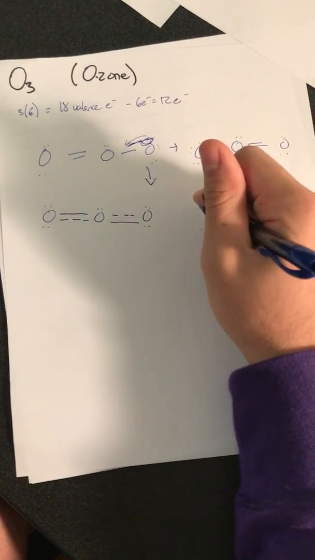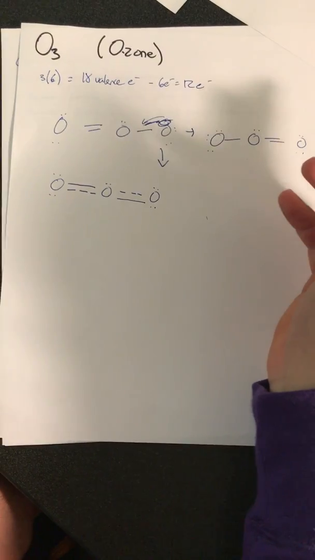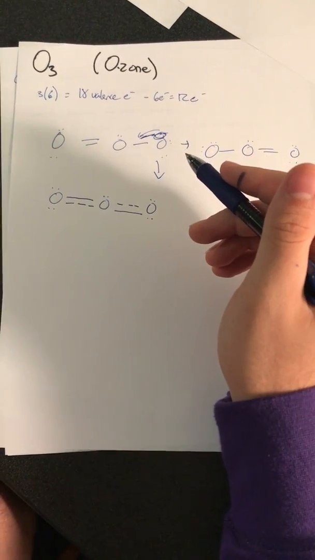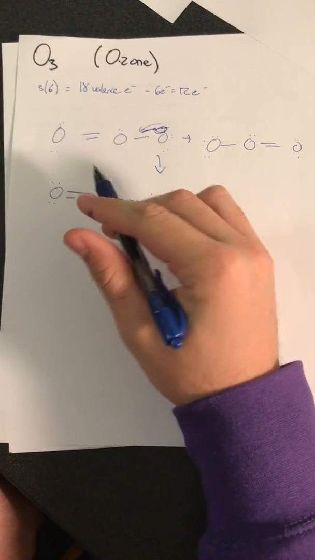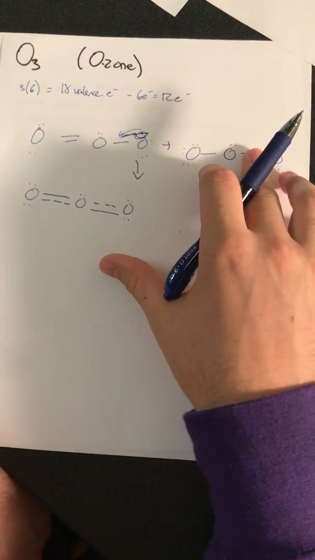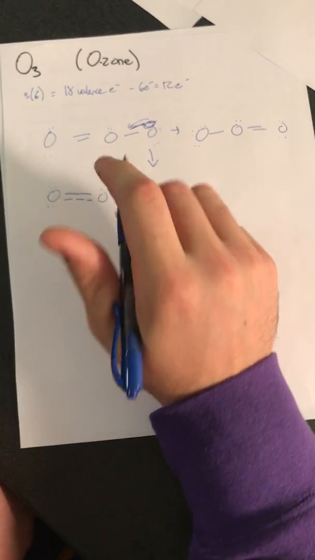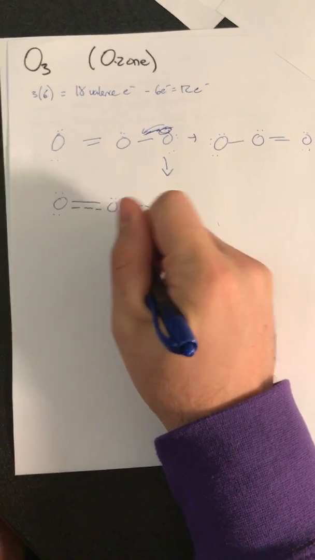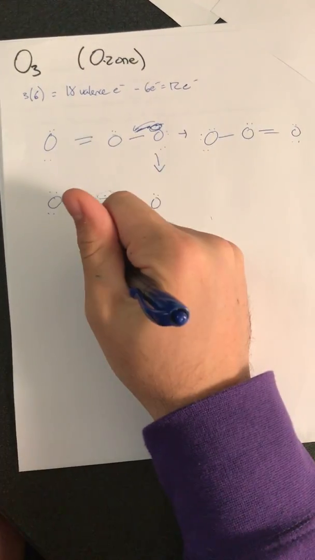So now we're going to look for the electronegativity, and all 3 of these have the same electronegativity. So we're not even going to bother about drawing the dipoles. Instead, what we're going to do is look at the molecular geometry as well as the electron domain geometry. So the central atom has 3 domains, one of them a non-bonding pair of electrons.